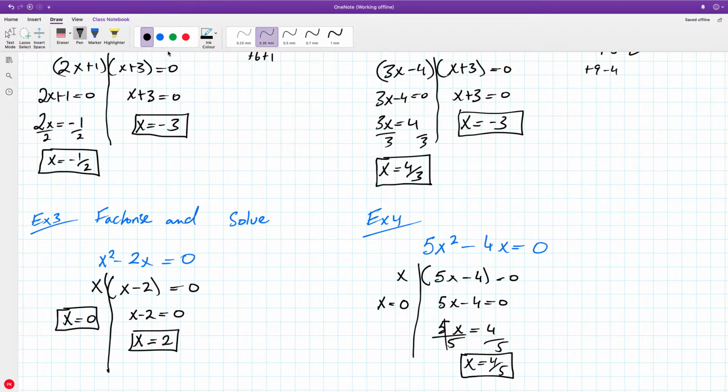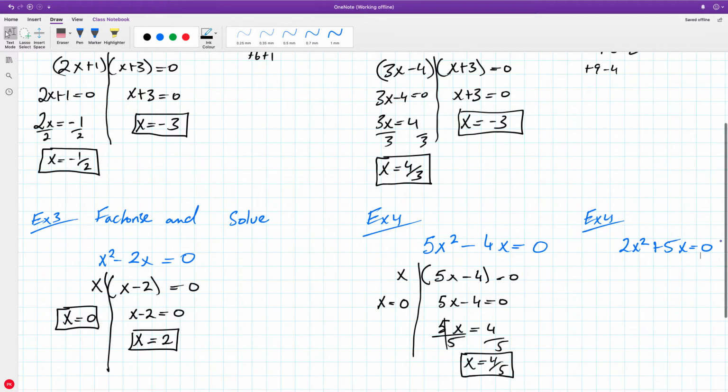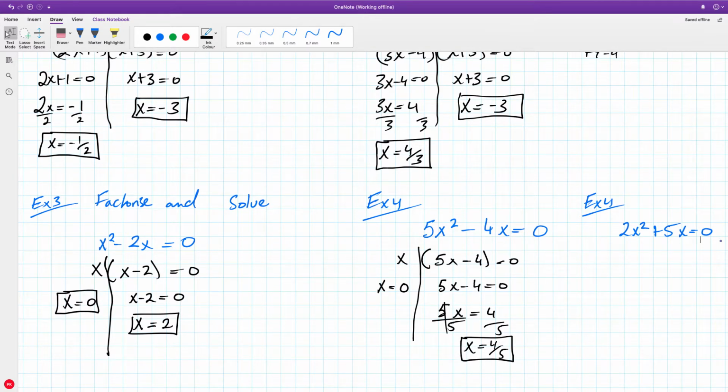Right, have a go at this one. 2x squared plus 5x is equal to 0. Factorize it and then solve it. Very same now as our last.